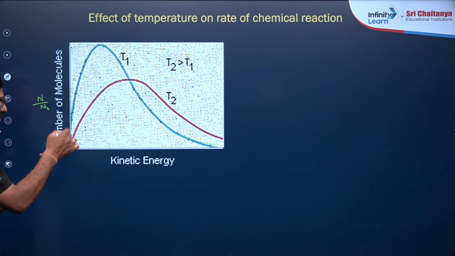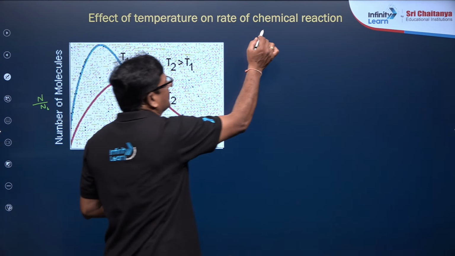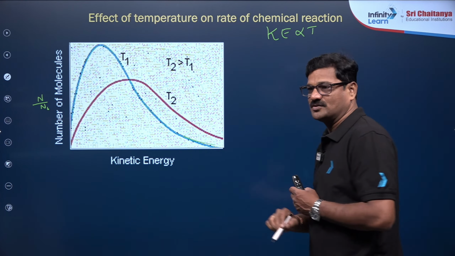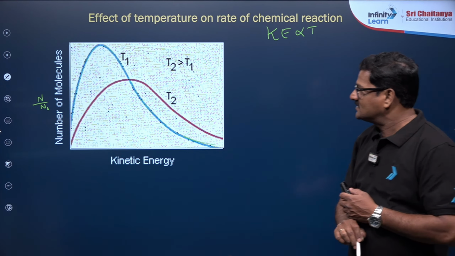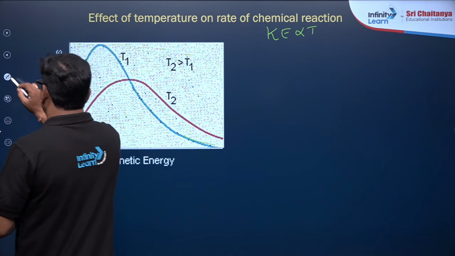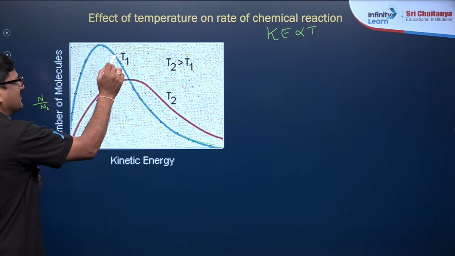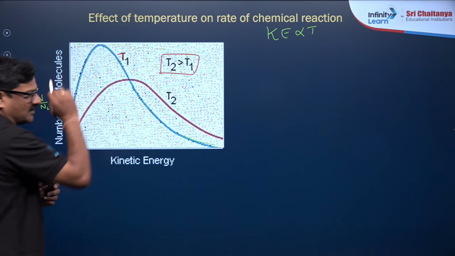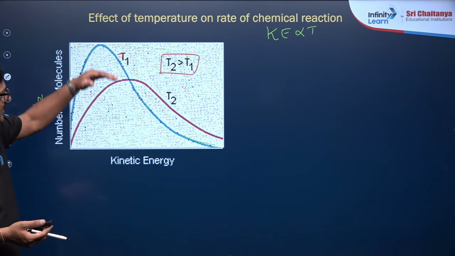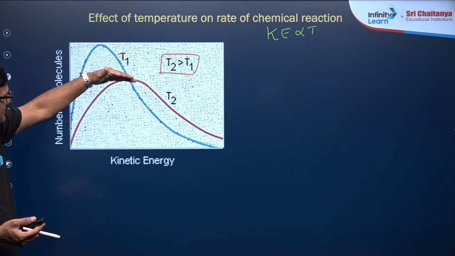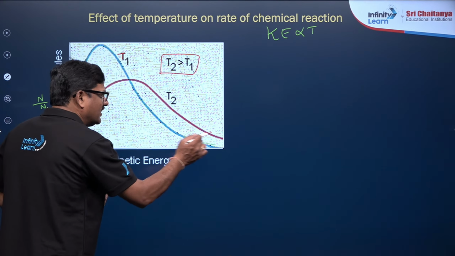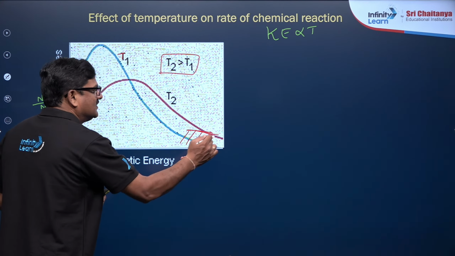It is never zero, but it tends to zero, as kinetic energy is directly proportional to absolute temperature, right? So as the temperature increases, what will happen now? As temperature T1 is given as temperature T2, T2 is greater than T1. As temperature increases, the graph becomes flat, and the fraction of molecules with higher kinetic energy is going to increase.